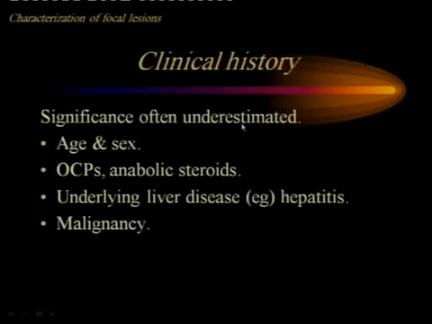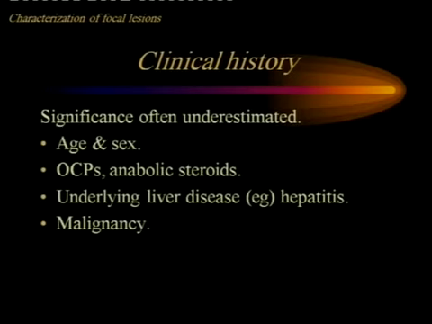So the clinical history, sometimes that can provide you with very important information. Just knowing the age and sex of the patient often can narrow down your differential diagnosis of focal hepatic lesions. Knowing whether or not they're on any type of medication, particularly contraceptives or steroids.